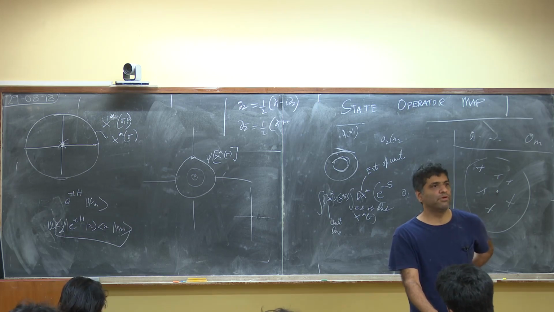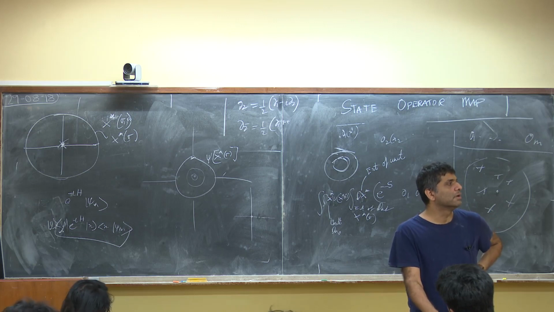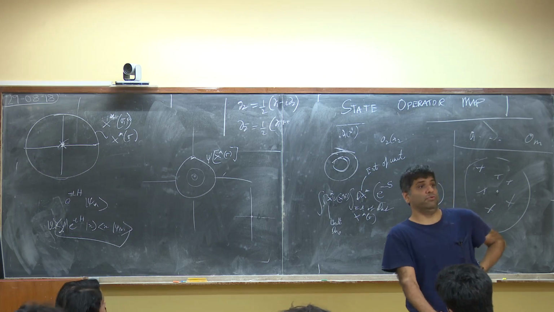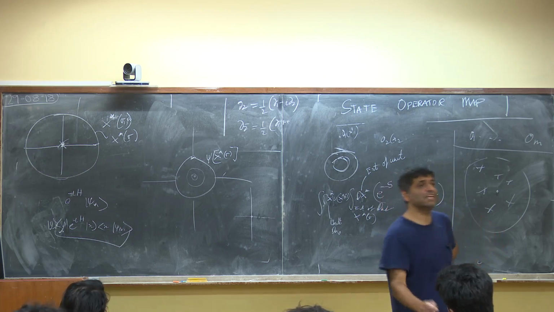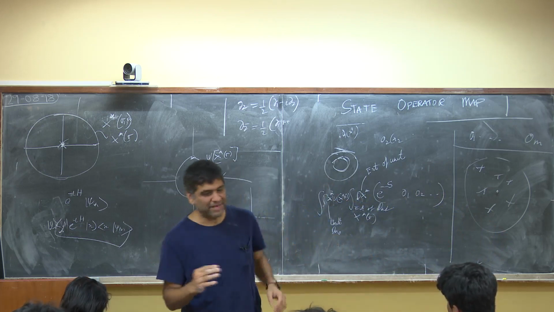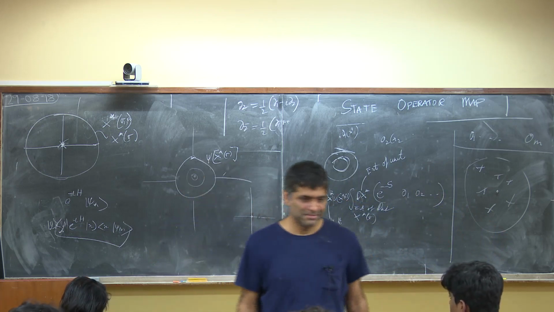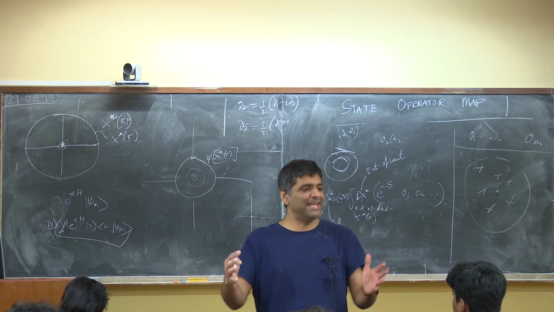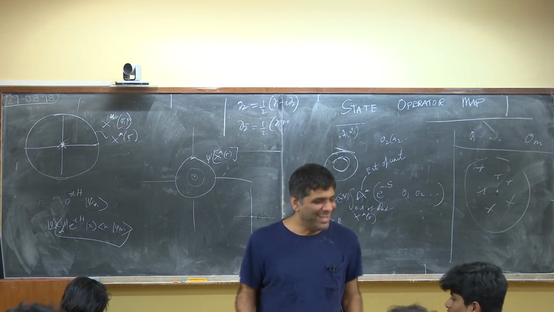Which check will I perform to say that the state-operator map works in a non-unitary theory? Well, I should be able to make it work as long as the theory is such that the Hilbert space of the theory is well defined, even if it has negative norm.